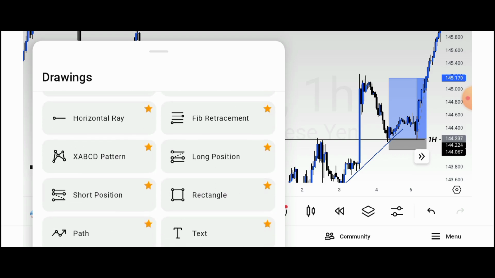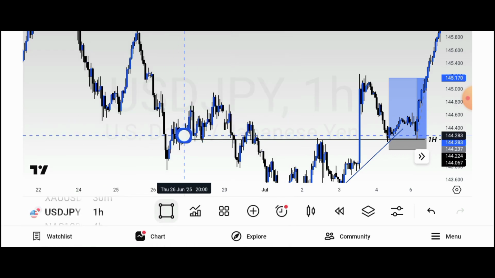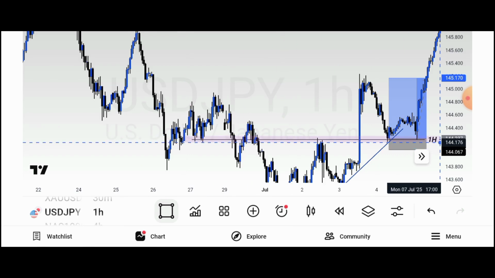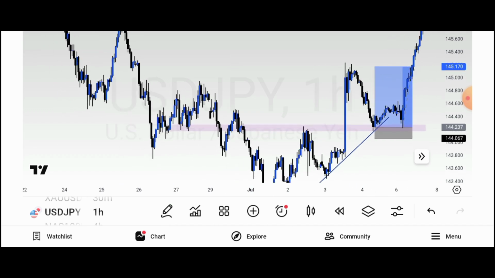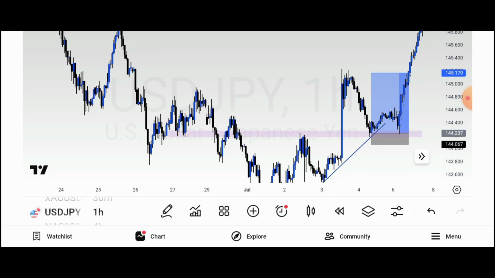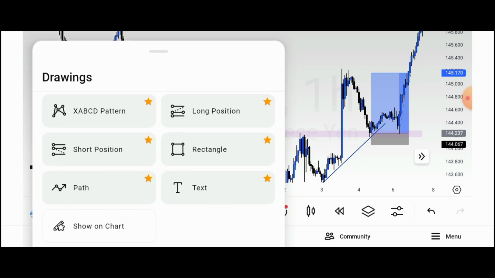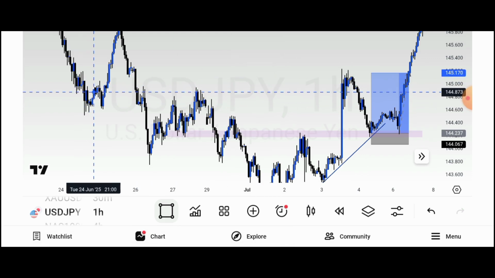Me, I love to use the rectangle tool instead of this. I only use this sometimes, but then I use the rectangle like this instead of that. I can now remove this. So you can see, guys. Now let's keep marking key support and resistance levels to see how you can trade them in the market.